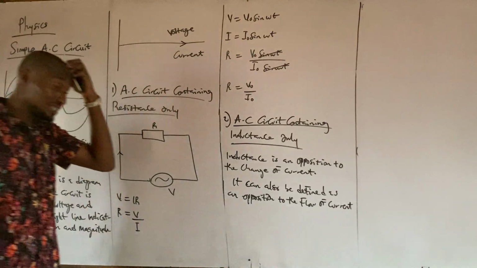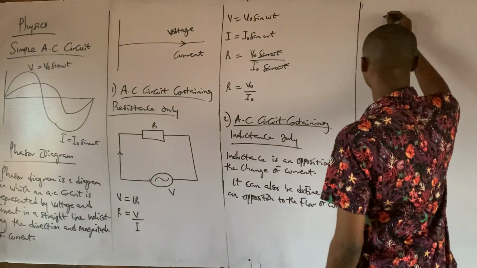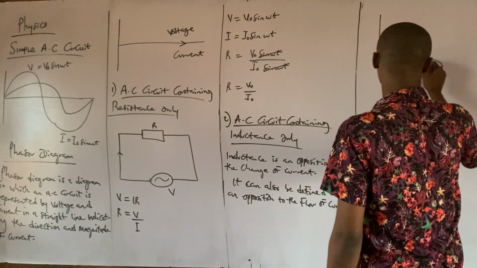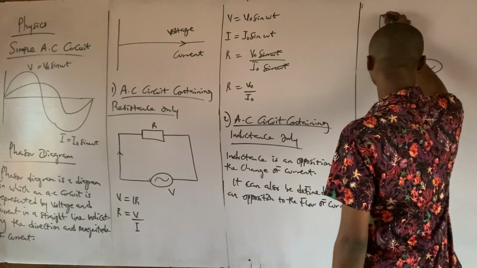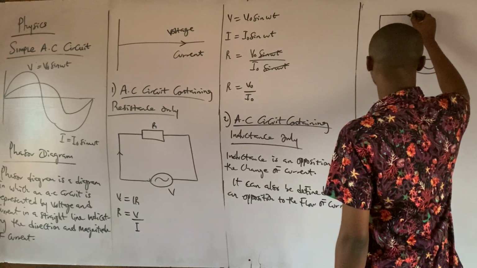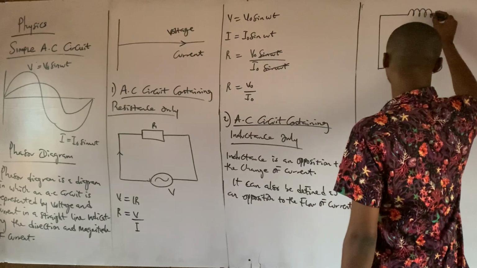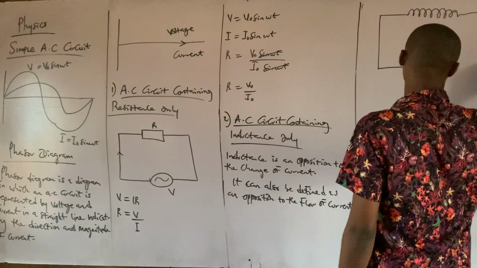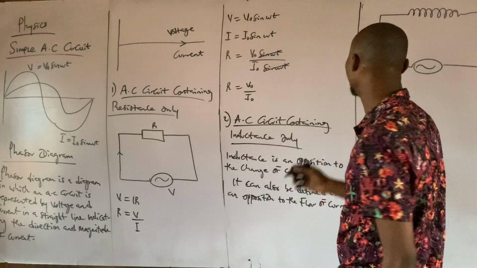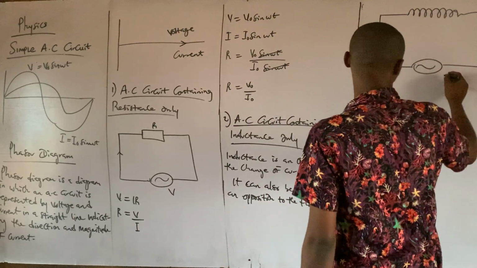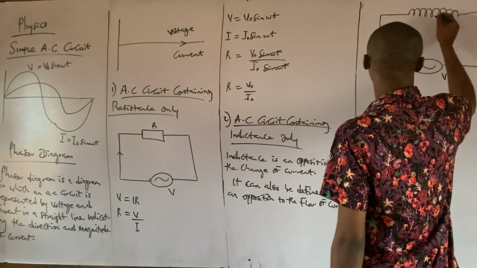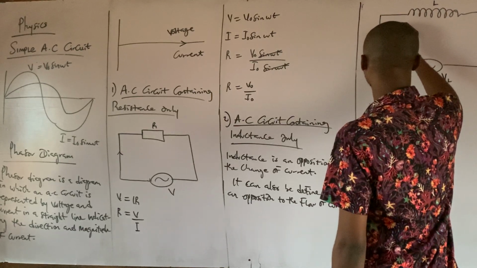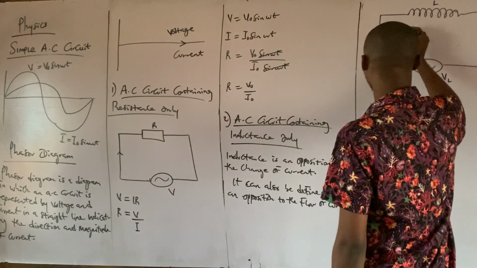So now, let's draw the inductance diagram. Call here VL. Call here L. So in the diagram now, I is equal to IL.